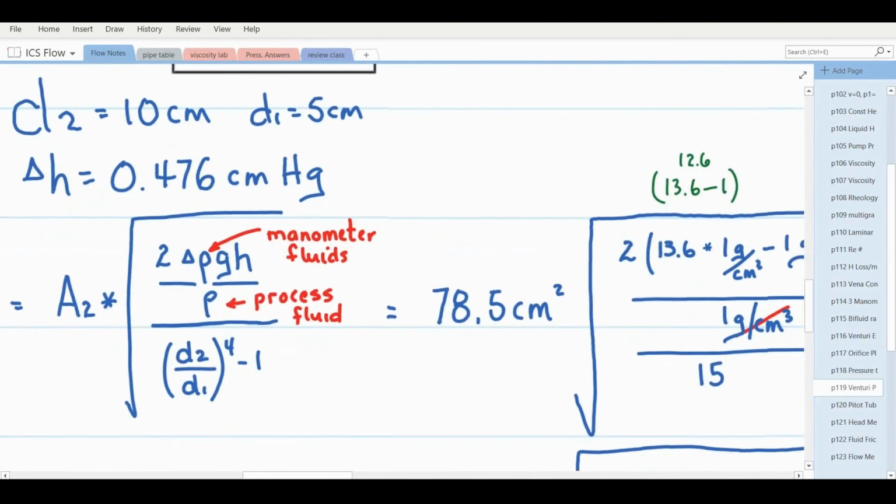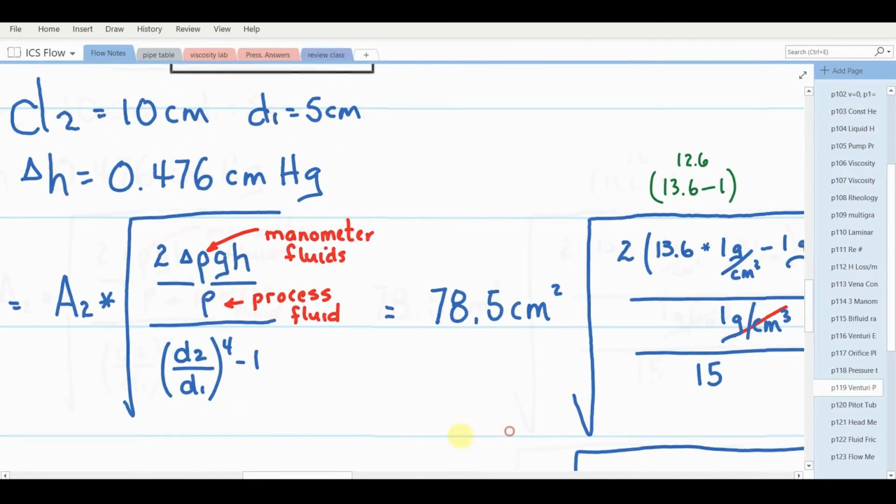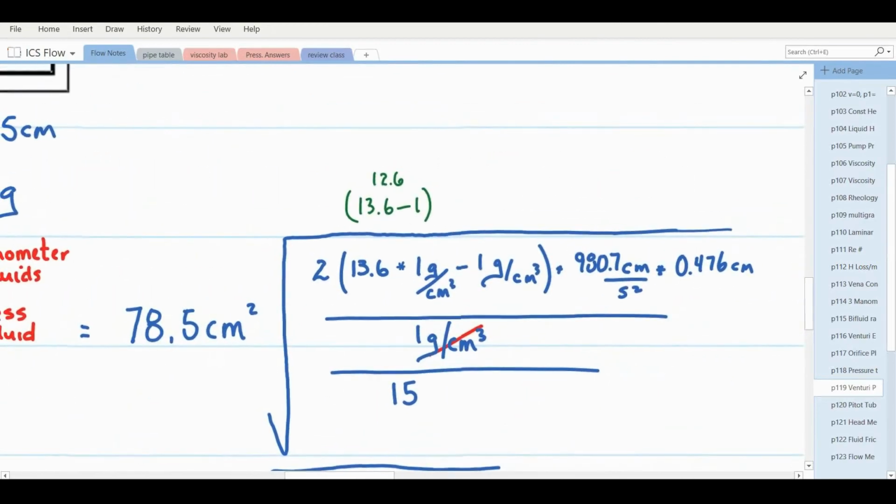The diameter ratios are 10 centimeters over 5 centimeters. That's 2 to the 4th power, which will be 16, minus 1 will be 15 again. So here we have it. 2 times delta rho. Now this is the density of the mercury here, 13.6 as a specific gravity times that of water, minus the density of the process fluid, which is water, and divided by the density of the process fluid, which is water.